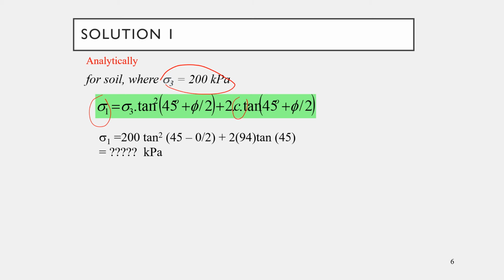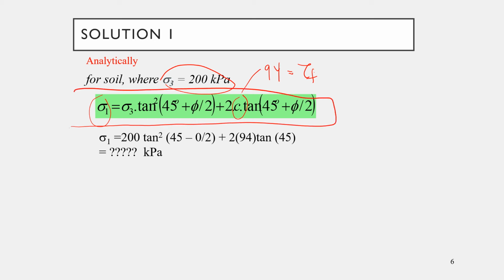The C value we got just now is 94 kPa, which is equal to the shear stress at failure for cohesive soil. So we can put that into these equations to calculate sigma 1. Sigma 3 is already given, 200 kPa. Friction angle is equal to 0 because this is cohesive soil. It has no friction angle value, or it is assumed to be 0. So just put into these equations, calculate, and you get the answer.